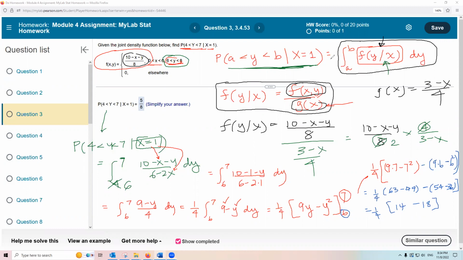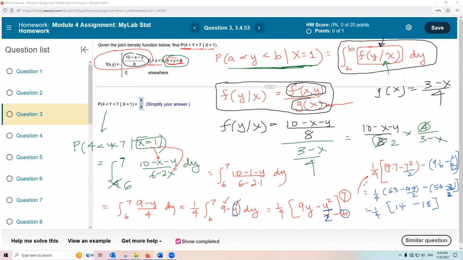Let me double check this here. You know what? I made a mistake here, because when I integrated y, this should have been y squared over 2. Whoops, my mistake there. So this should be 49 over 2, and this should be 36 over 2. All right, so let's figure this out.